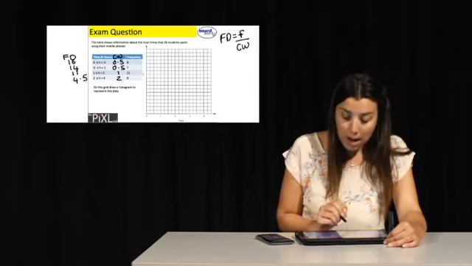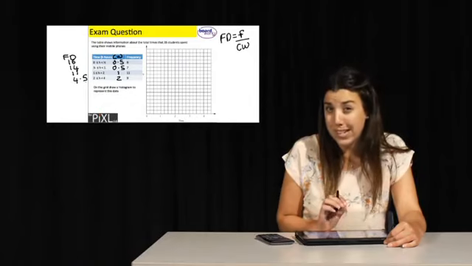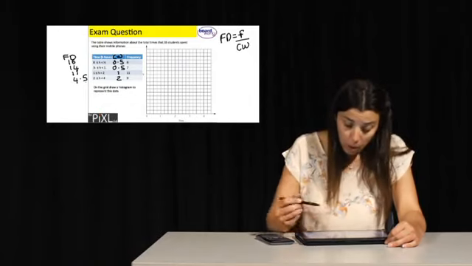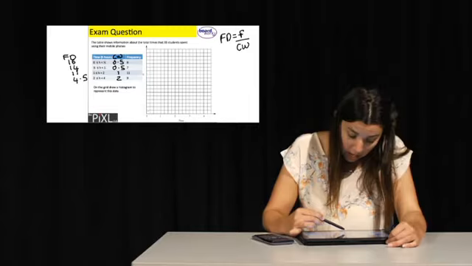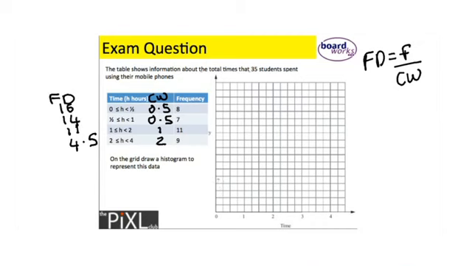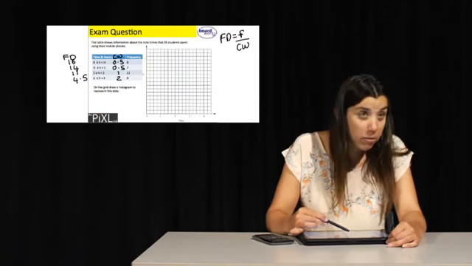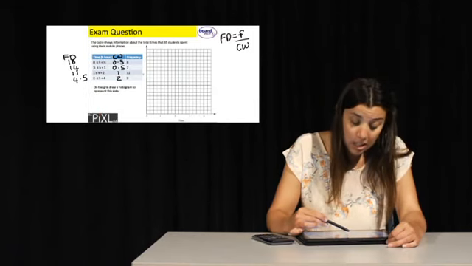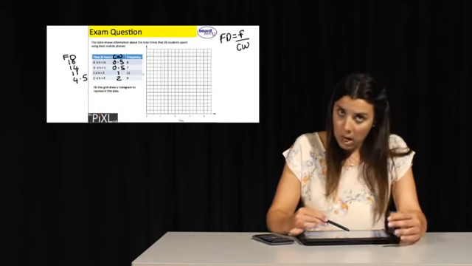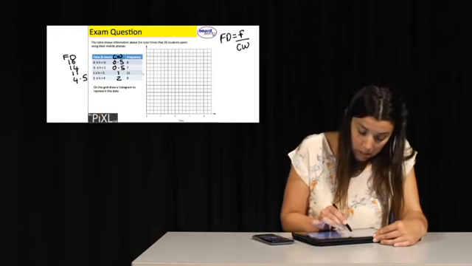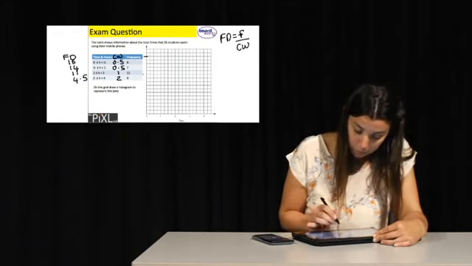So if we look at our y-axis, where we're going to plot our frequency density, because it's a histogram, we look to see how many squares we have. So here we have 3, 6, 7, 8, 9, 10, 11, 12, 13, 14, 15, 16. Well, our maximum value for our frequency density is 16, 17, 18. It would make sense that we plotted every one.